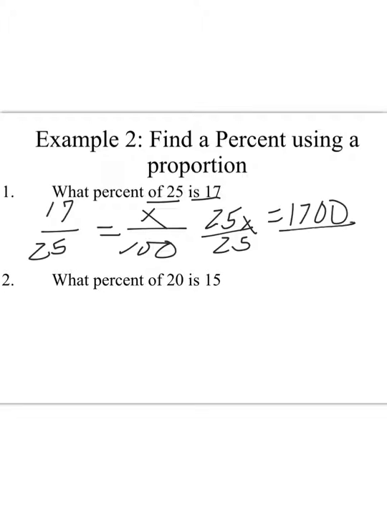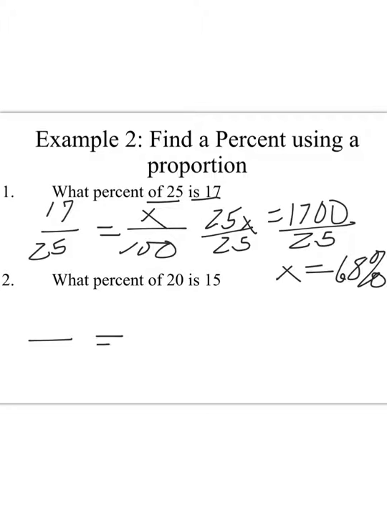Divide each side by 25. And we end up with x being 68. That x that we are missing is a percent, so you do need to make sure that you have a percent sign following your answer, so 68%.